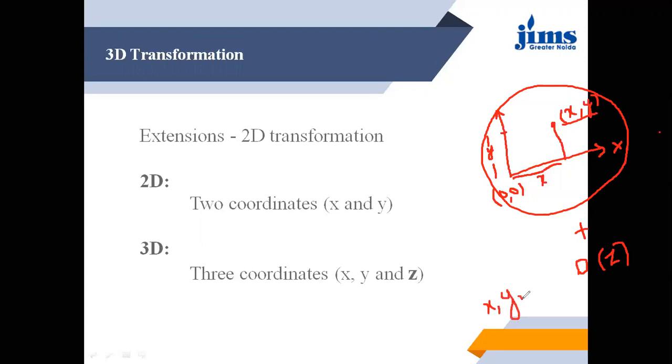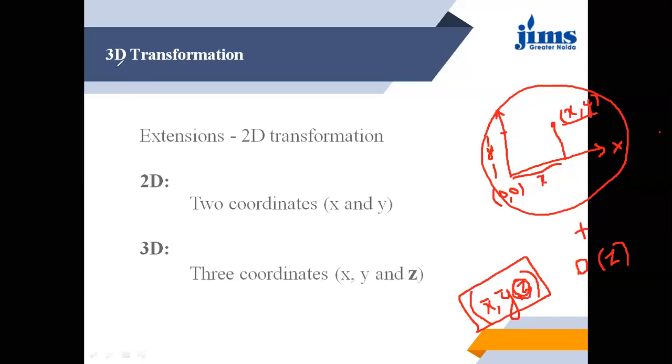If an object is represented using these three coordinates, then it is a 3D object, with values on the x-axis, y-axis and z-axis. We will discuss the z-axis within a moment.